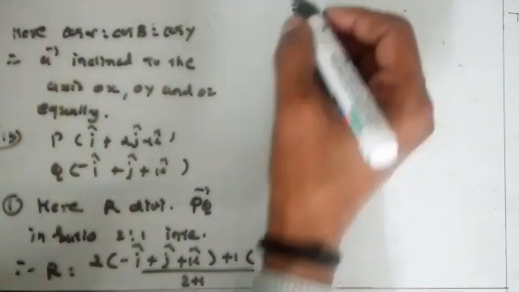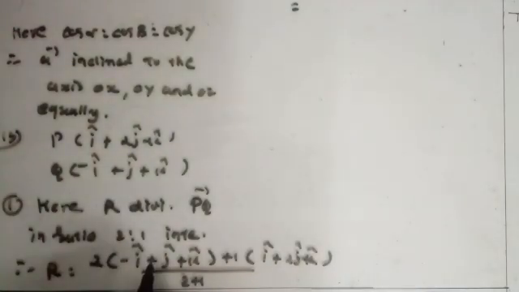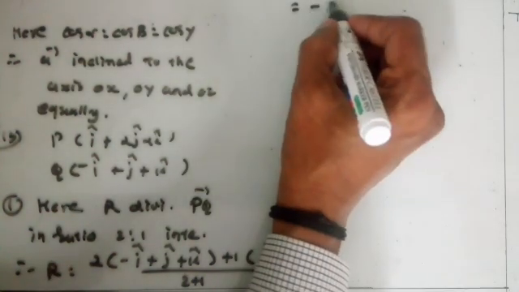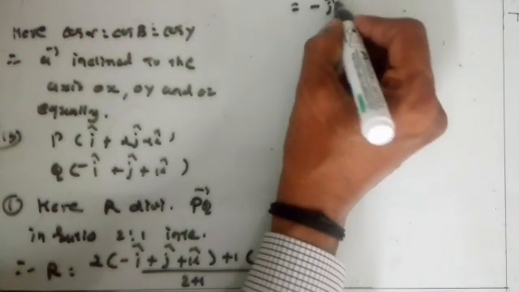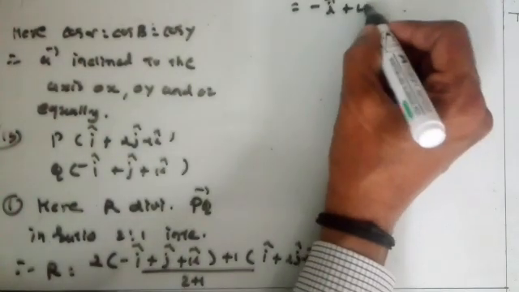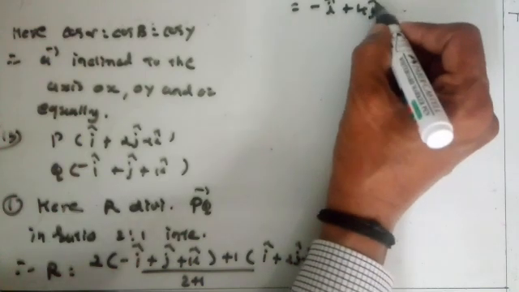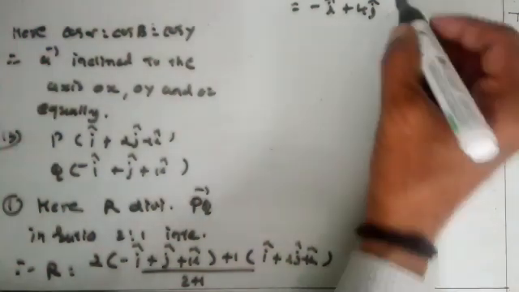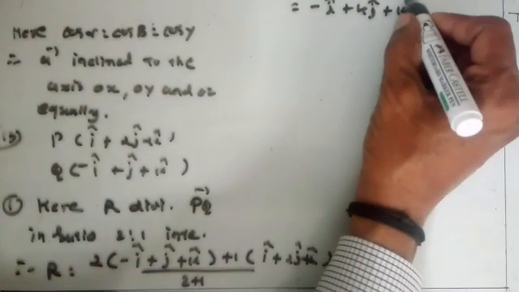So it is equal to: -2i plus i becomes -i; 2j plus 2j becomes 4j; 2k minus k becomes plus k.